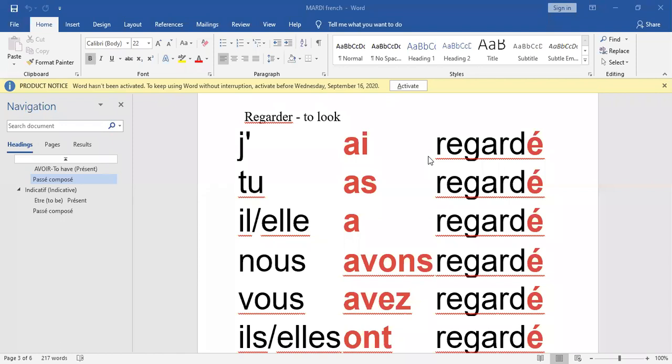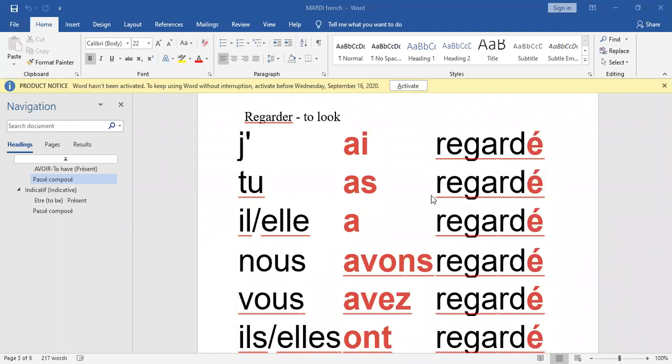This here is heavier. That is why we say j'ai regardé. So for all regular ER verbs, please, you remove R and add accent aigu on top of your letter E, so long as it is not a movement verb.